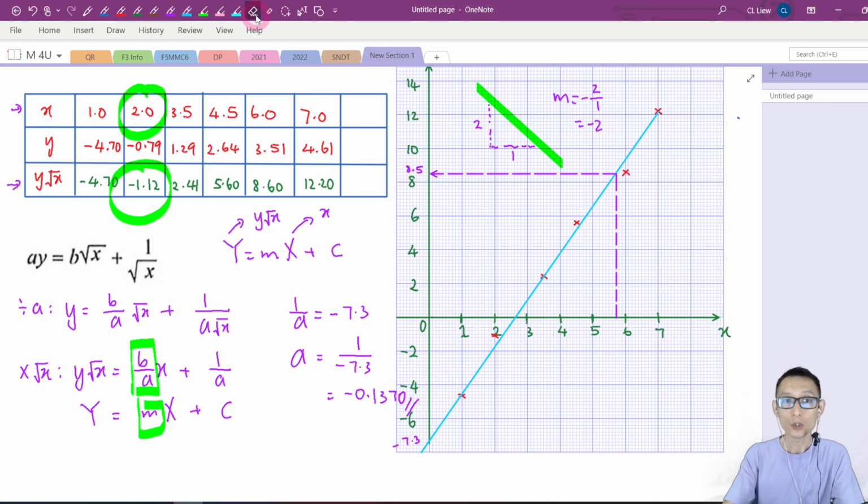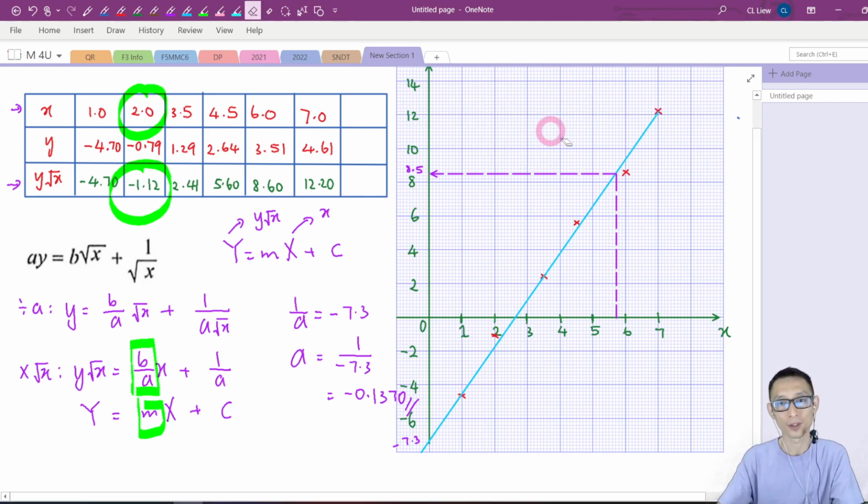If you don't want to do it this way, you can choose any 2 points which lie on the straight line and use their coordinates to calculate the gradient. So here, I think I use this one and this one. So this one is 7, comma, I just write 7. You can write 7.0, it's okay, same thing.